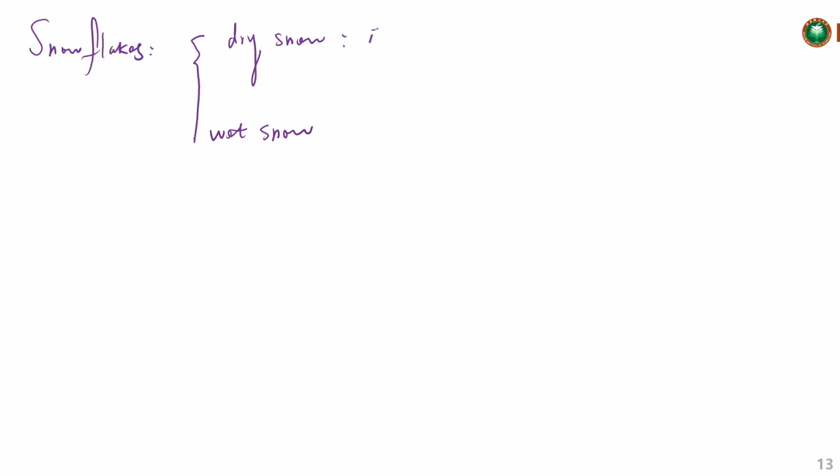The first part is ice particles with air inside of it, all right? Because the snowflakes cannot be pure ice particles. It has some air inside of it. And wet snow particles have ice, air, and also water inside of them.